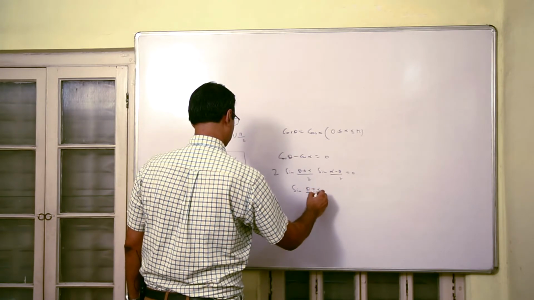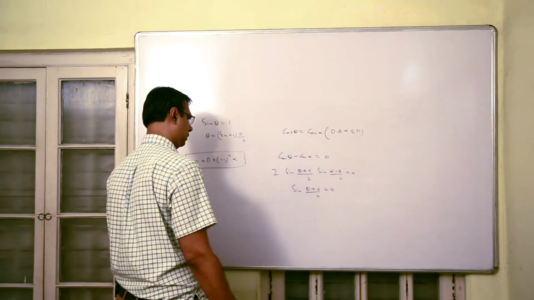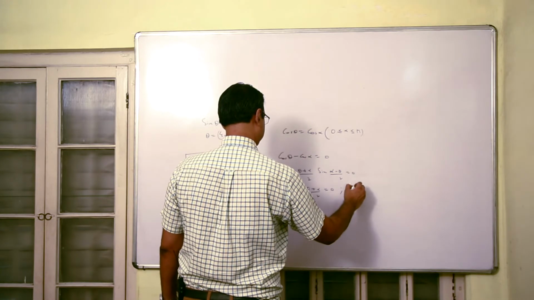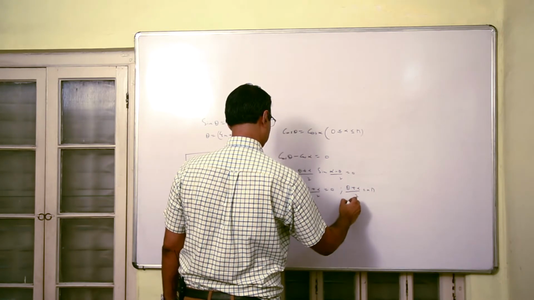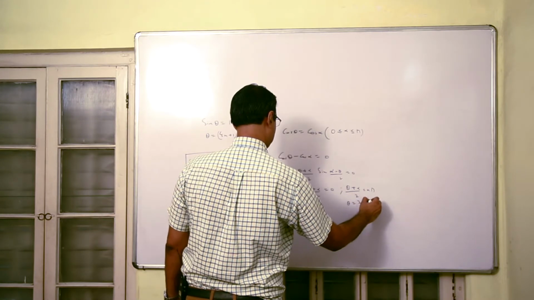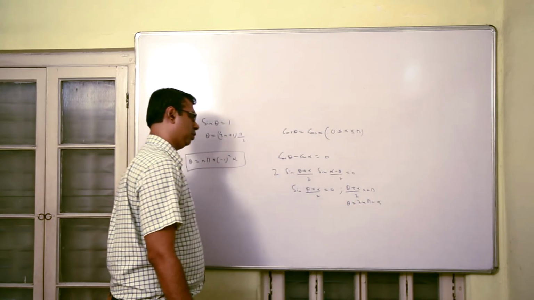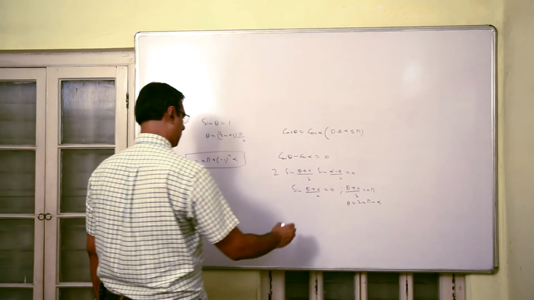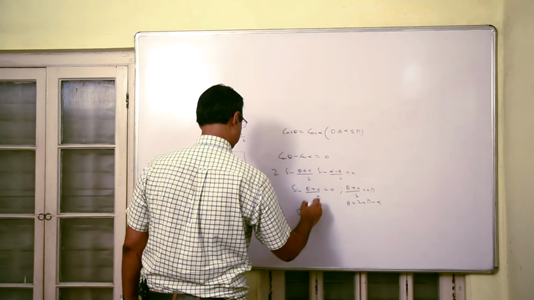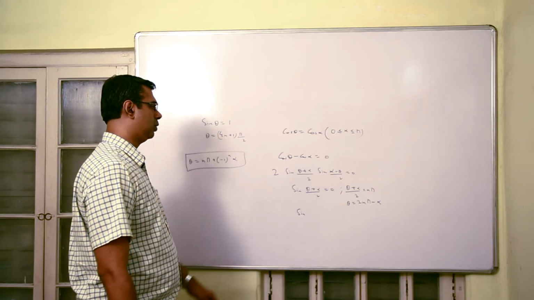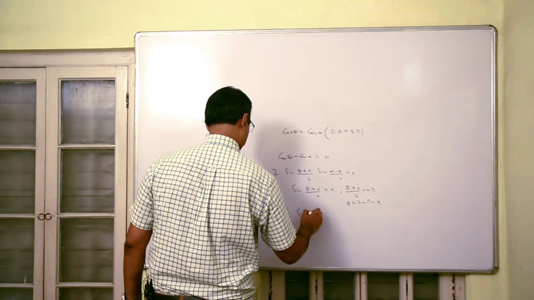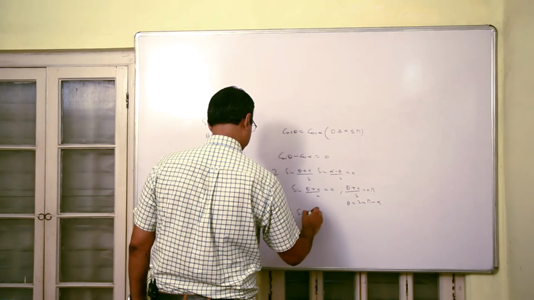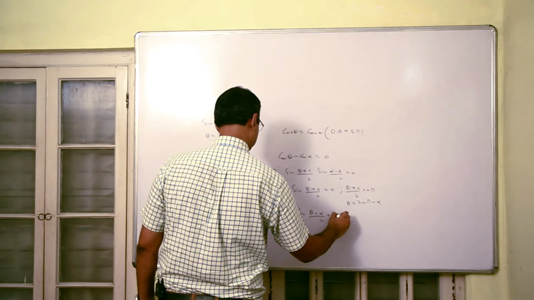After the transformation you will get 2 sine of (theta plus alpha) by 2, sine of (alpha minus theta) by 2. Now if sine of (theta plus alpha) by 2 is 0, then (theta plus alpha) by 2 is a multiple of pi. So theta is 2n pi minus alpha. On the other hand, if sine of (alpha minus theta) by 2 is 0, we can also say that sine of (theta minus alpha) by 2 is 0.